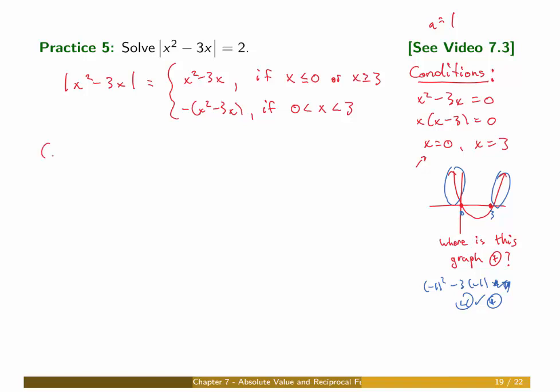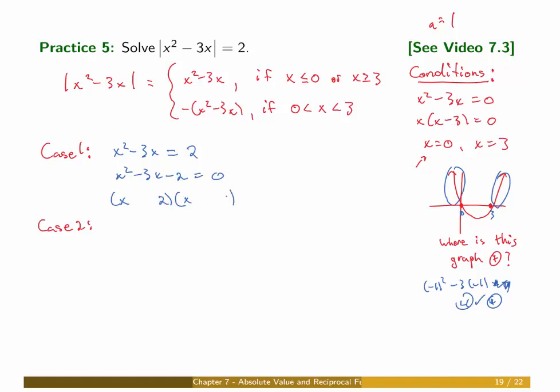So from here, we're going to do our cases. Case 1, case 2. Case 1 is x squared minus 3x equals 2, which we're going to solve as the following quadratic. Let's see if we can do this by guess and check, or by decomposition, whatever you want to use.